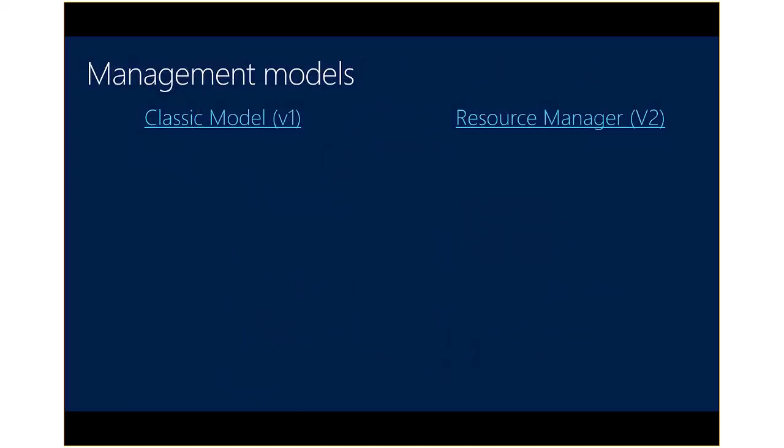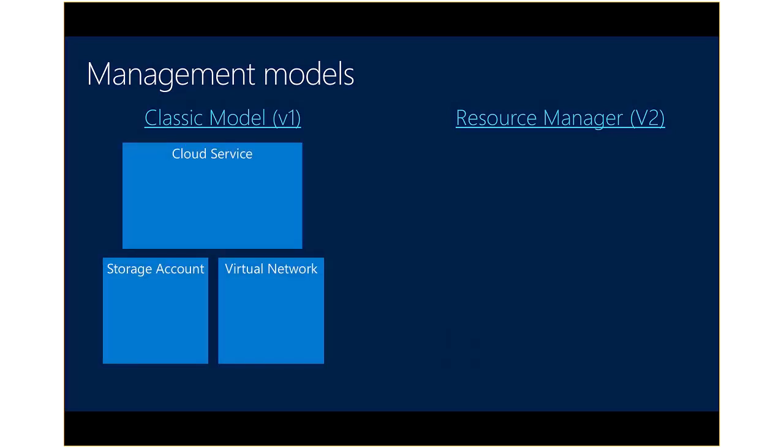Now, if you have been working with Azure for a longer time, then you might remember something named the Classic Model, or ASM, Azure Service Management. In this case, deploying a resource like a VM was a fairly limited action.